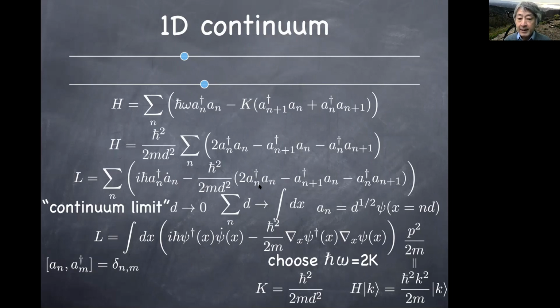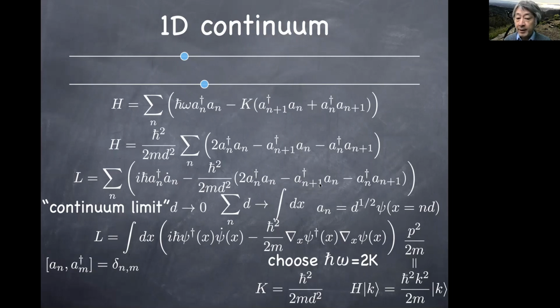The second term is a little tricky because that involves the difference of creation operators at different sites. By taking a continuum limit, you can expand a dagger n plus 1 in a Taylor series in terms of the lattice constant.